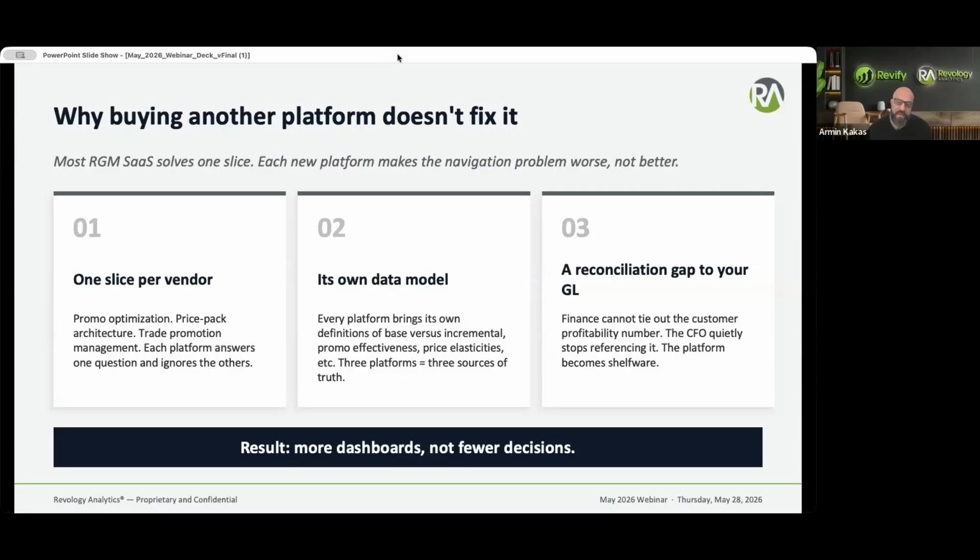Number two, there's a big problem when you look at the numbers and try to reconcile that against what finance is reporting. I see this all the time in companies, right? The sales team is reporting on profitability for customers, or the pricing team, and finance has a totally different number because they use different logic, different allocation methods, et cetera. So you need to solve the foundations first.